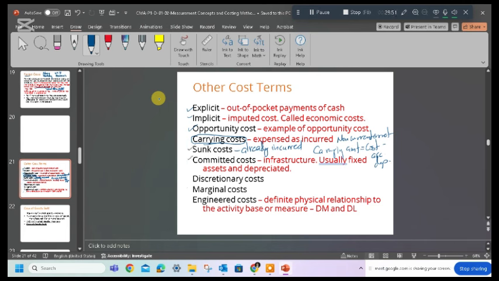Committed cost means it's a future cost, but you have already made the commitment. For example, you entered into a contract to pay some marketing expenses. Now, whatever happens in the future, you have to pay that amount. Committed cost.